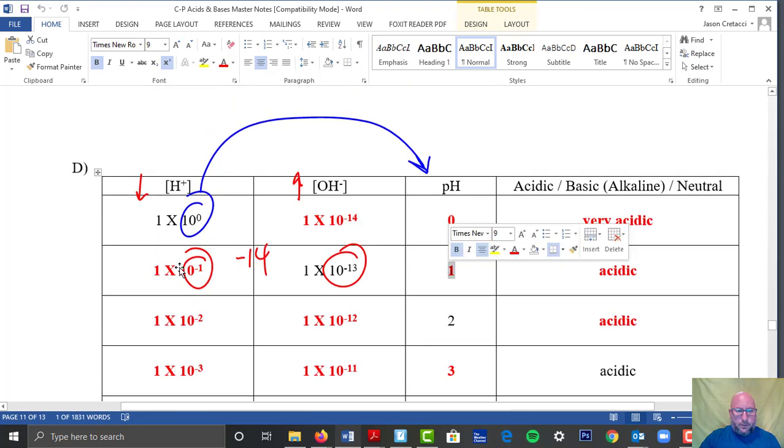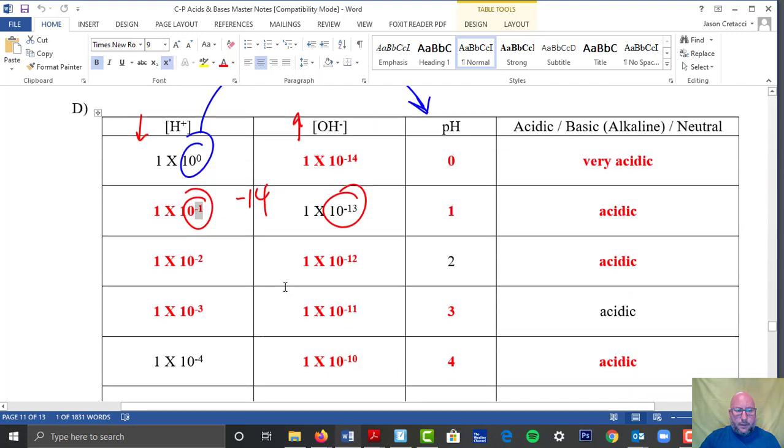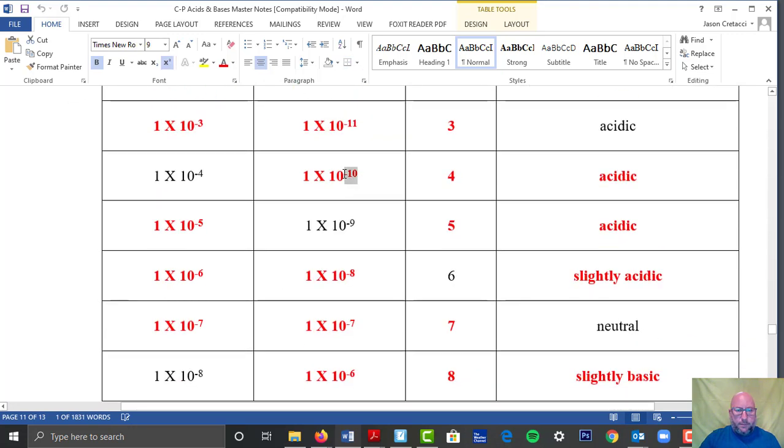And you can see that this exponent plus this exponent always equals negative 14. So these numbers are not just arbitrary, they're actually rooted in mathematics.